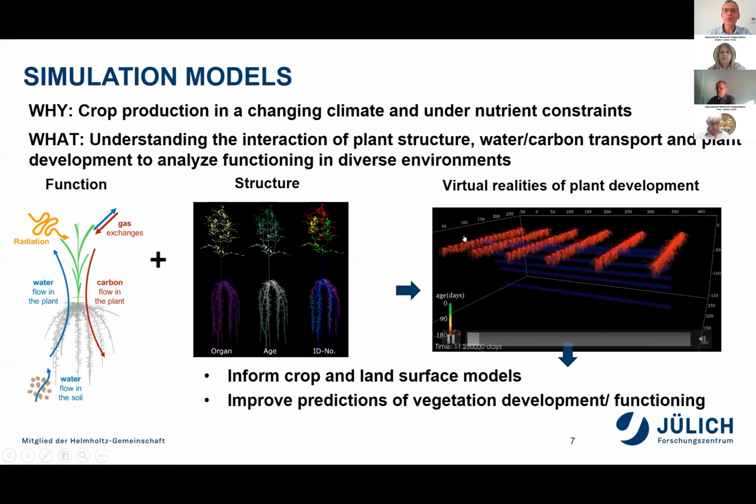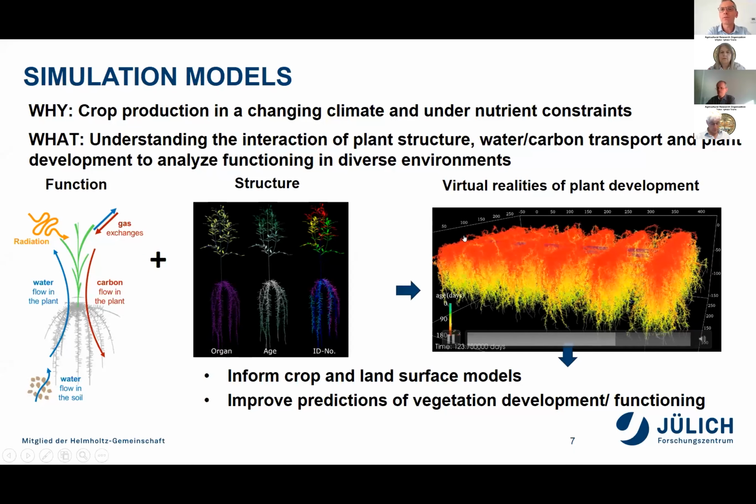So we can use this model to generate virtual realities of plant development, which can then be used to improve crop and land surface models that allow predictions of vegetation development and functioning in changing environmental conditions and climate conditions.